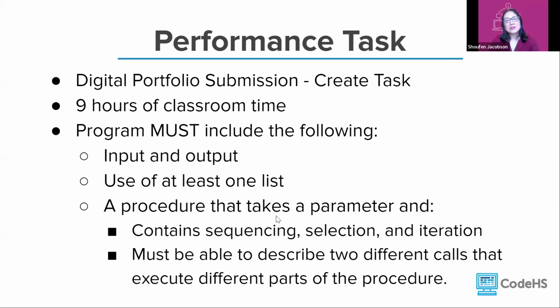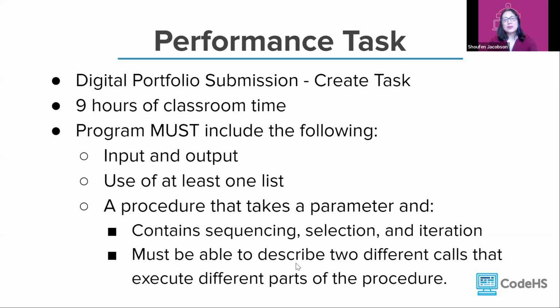So the procedure has to take at least one parameter. And then the procedure should have selection and iteration. If your code has these, you should have sequencing. So those are the 3 processes of an algorithm. This has to be in your procedure.